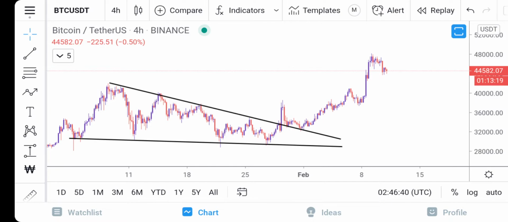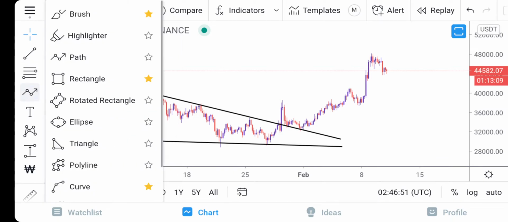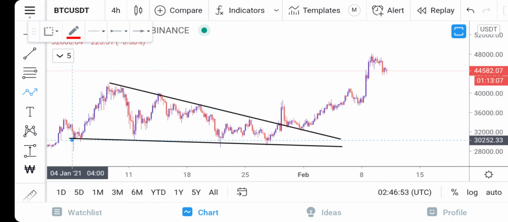So that was it for BTC, and as you can see, the price broke out after retesting the support. It broke out to this level. Let me use this red arrow to illustrate it.